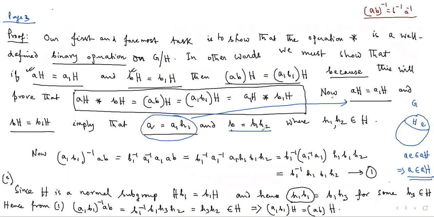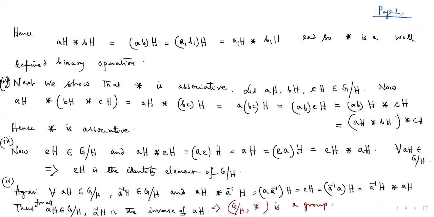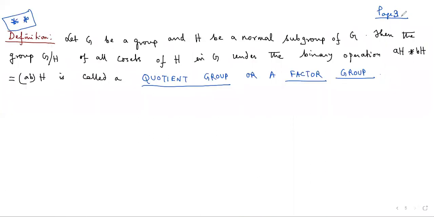They may ask you small questions like this: what is the inverse element of the quotient group, or what is the identity element of the quotient group, and so on. So this result is actually very important.